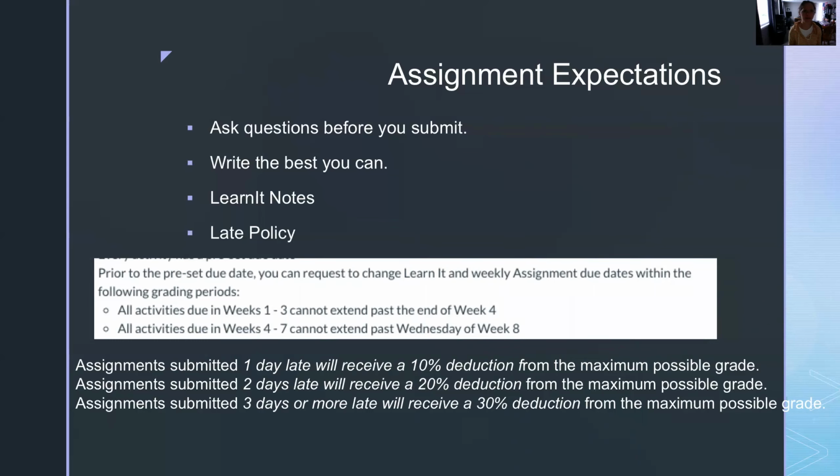So I would much rather you pause and ask me the question, get the question answered, and then submit your assignment, than submit it with not really knowing what you're doing, and then you're doing extra work, and then I'm doing extra work when I really could just teach you before you submit the assignment, and then you don't have to keep going back, and I don't have to keep going back. So please ask questions before you submit.